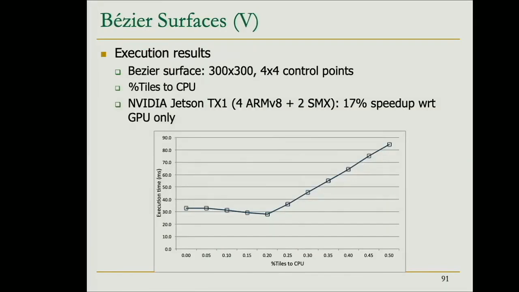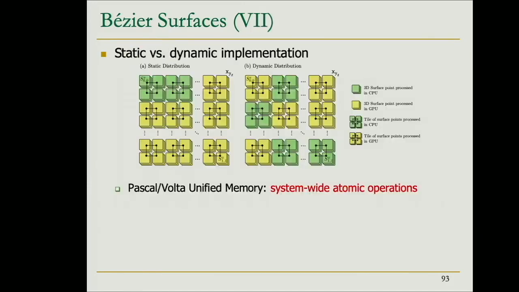This is on an NVIDIA Jetson. I don't know if you have heard about this platform. It's a board that contains a CPU with 4 ARM cores, and a GPU with 2 SMs. So this is the 17% speedup that you can get from doing a collaborative execution.